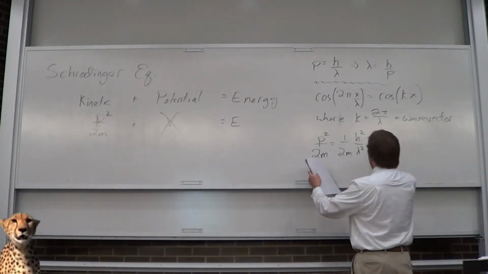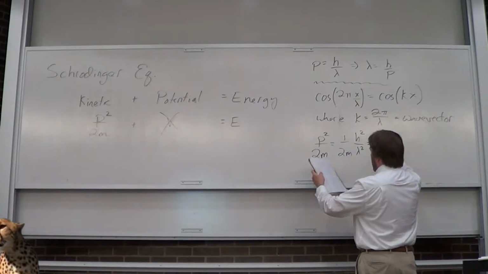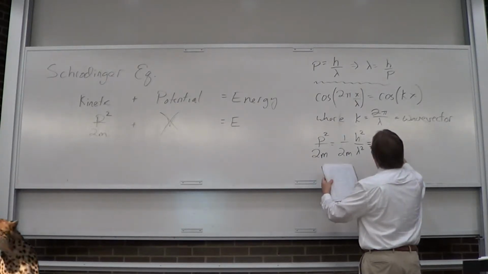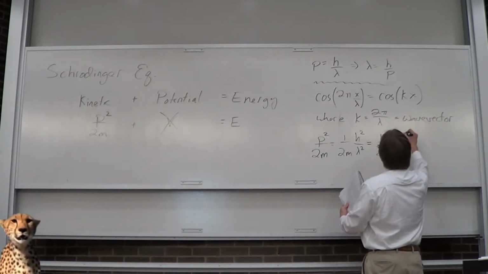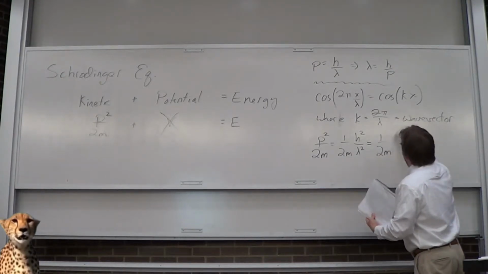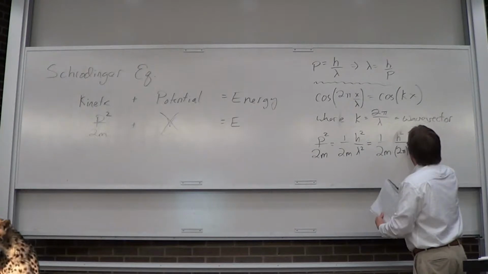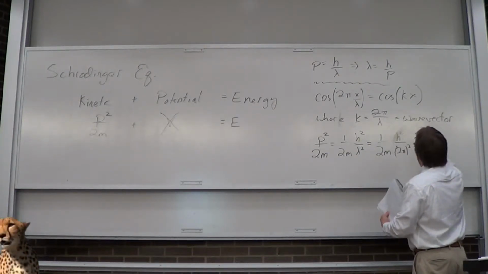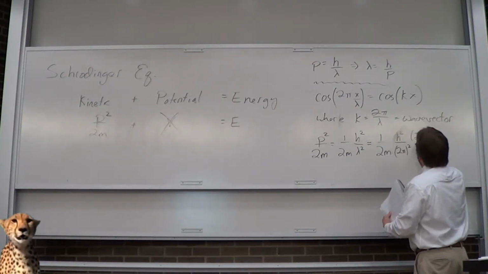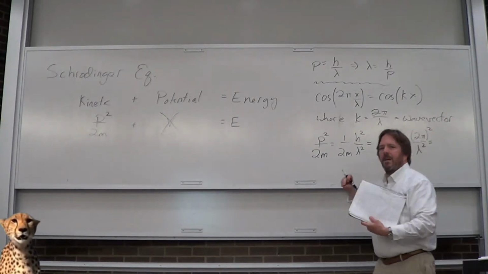Now, just like I said, what the heck do you do with that? Well, hold on 1 second. What I'm going to do is take h squared, and I'm going to divide that by 2 pi squared for a weird reason, because then I'm going to multiply by 2 pi squared, divide that by lambda squared. Now, what do you see here?